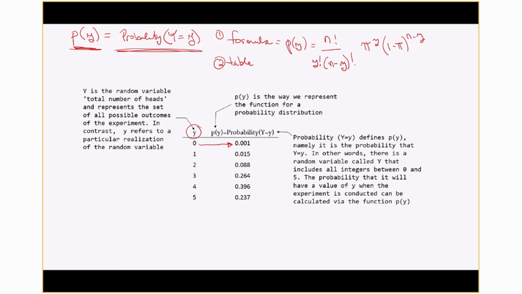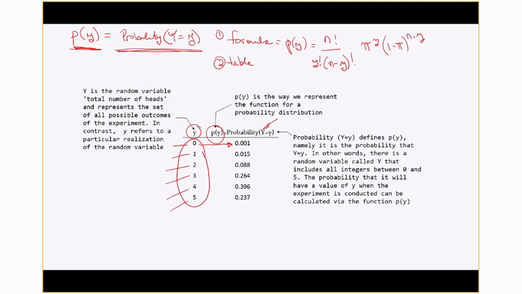So again, we can think of this capital Y as being the set of all possible outcomes. And this function P of y calculates the probability of any one of these values of the random variable being realized once we do the experiment.